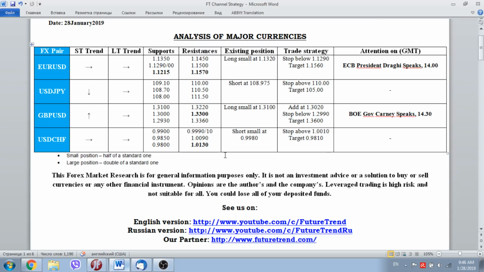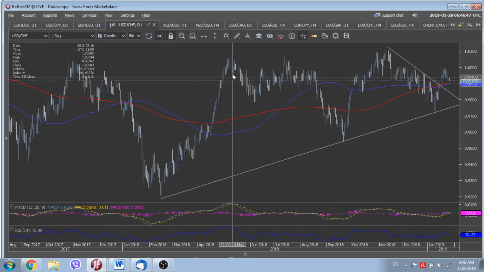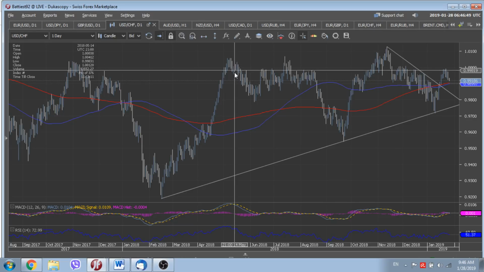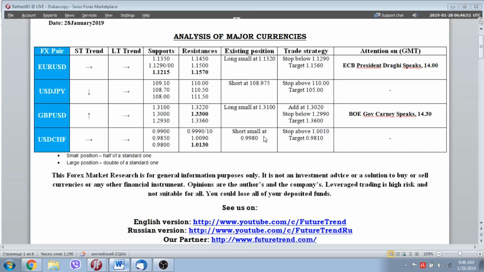That's why we continue to keep our short trade recommendation in the dollar Swiss initiated at the level of 0.9980 with a stop above the psychologically important barrier of the parity level. At the moment that's all.